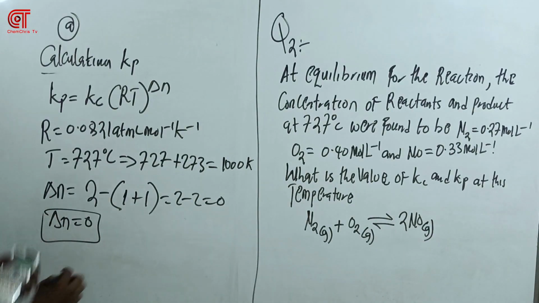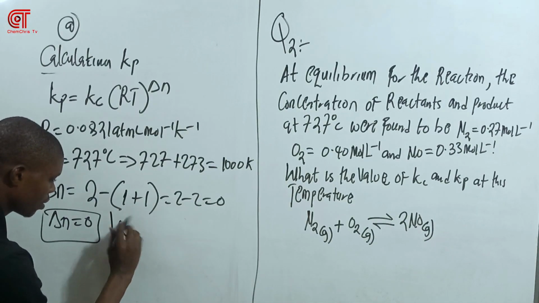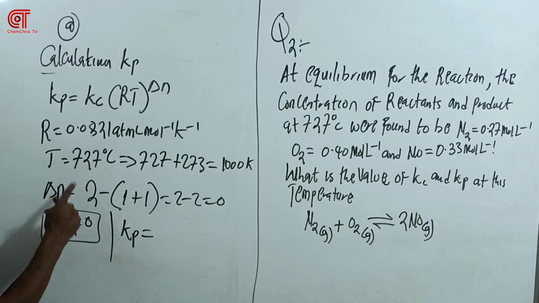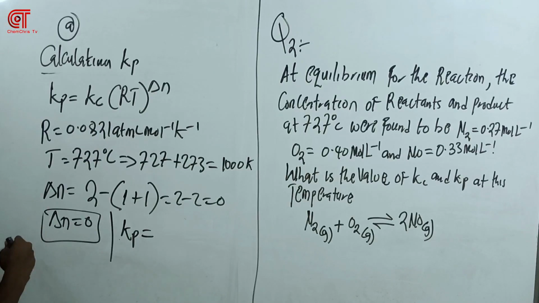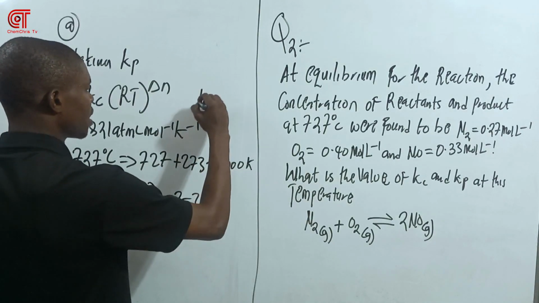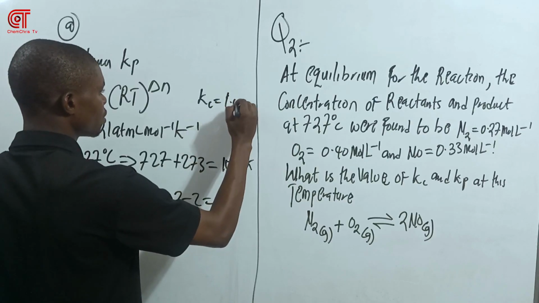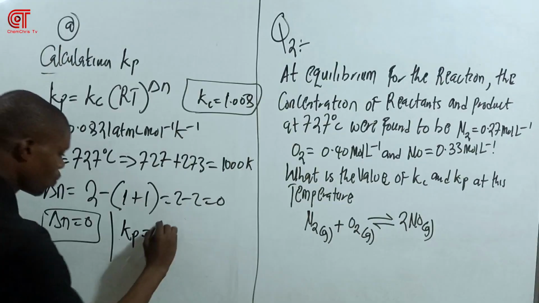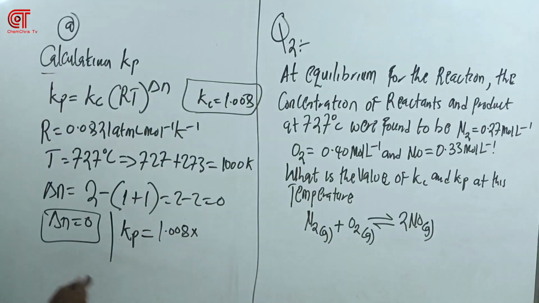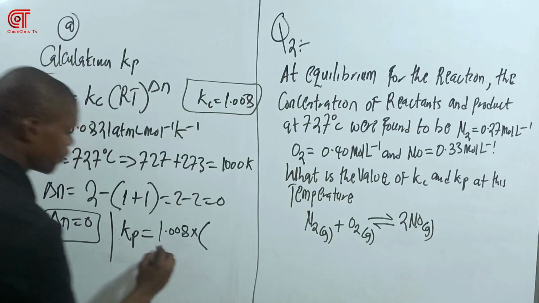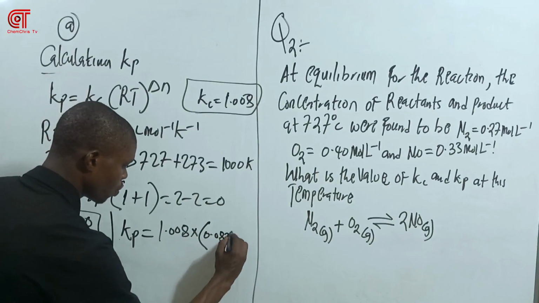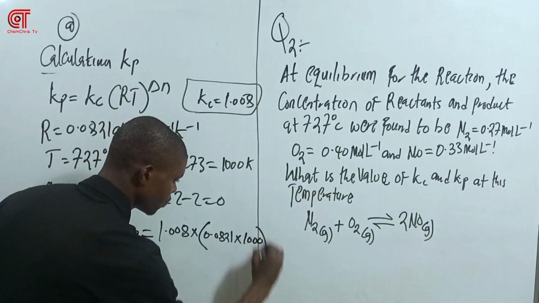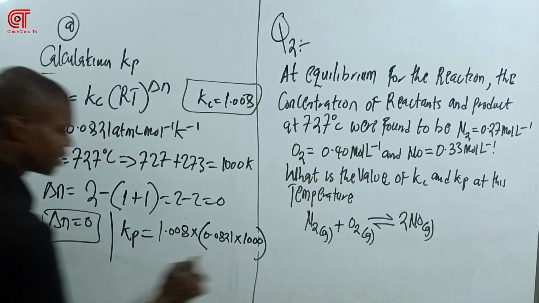So Kp equals Kc times RT raised to the change in n. Remember, we calculated our Kc to be 1.008. So we have 1.008 times 0.0821 times 1000, raised to the power 0.